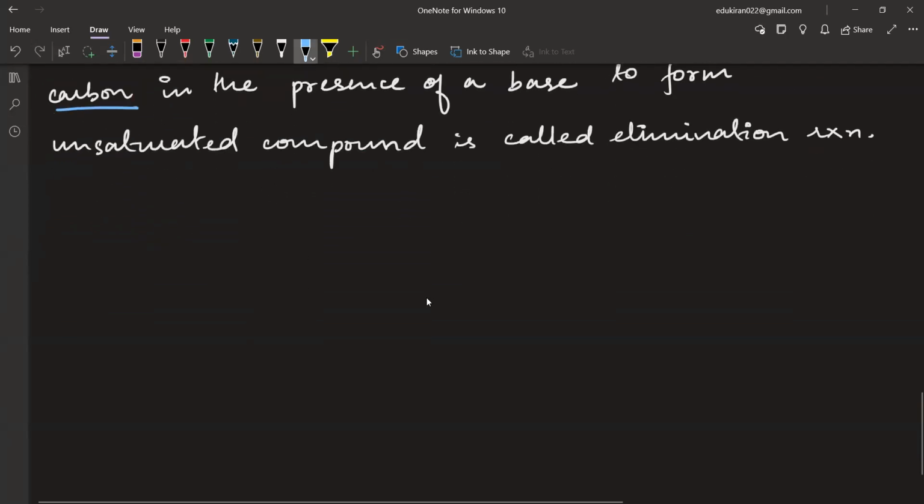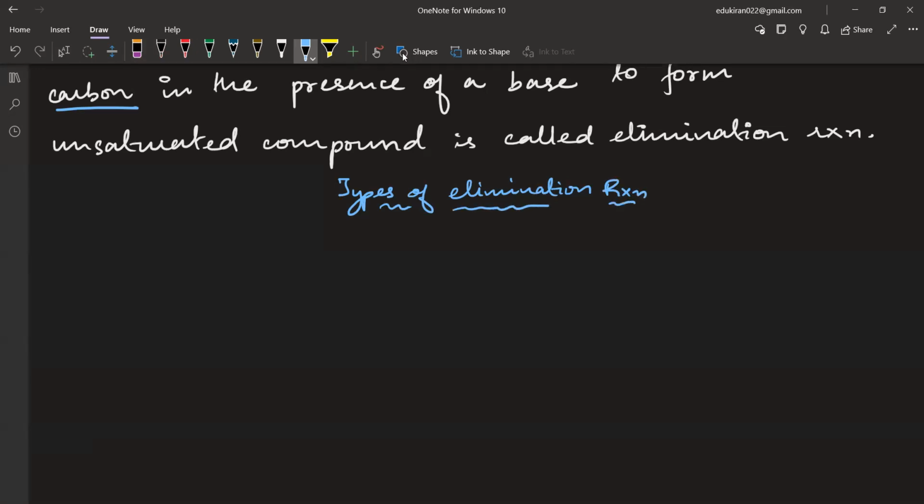Okay. Now write types of elimination reaction. There are two types of elimination reaction.